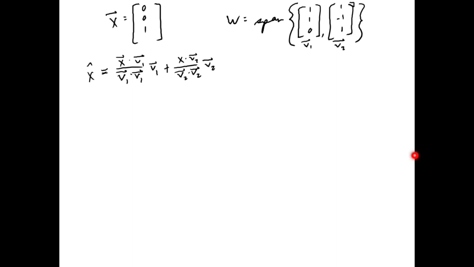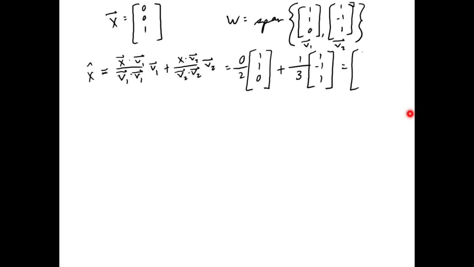So x dot v1 is 0 over 2 times v1 plus x dot v2, which would be 1 over 3 times v2, which was 1, negative 1, 1. So this is the vector 1/3, negative 1/3, and 1/3. Of course, that first term is just 0 because it's multiplied by 0. So there's x hat.